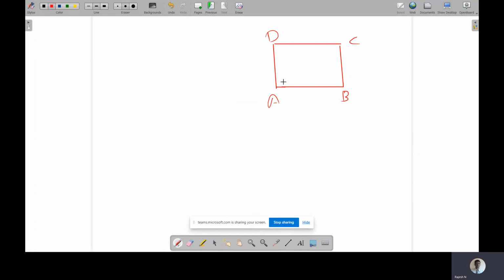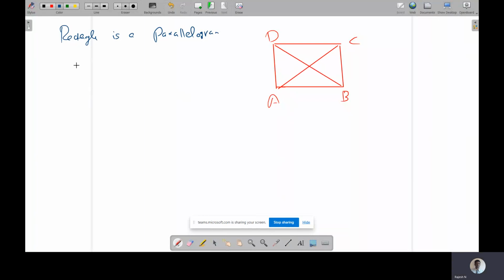So for a rectangle, what are the properties? A rectangle is actually a parallelogram.